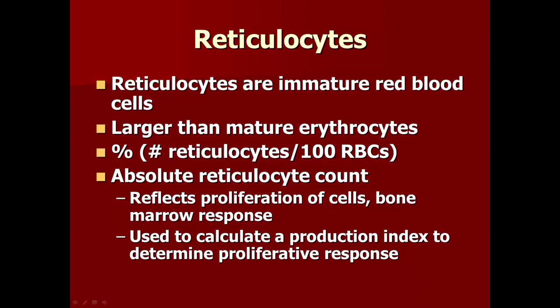When we look at that percentage, it tells us how many may have not matured after they have been released, or it will also tell us whether the bone marrow is dumping a lot of immature cells into the circulation and they're not able to mature fast enough.